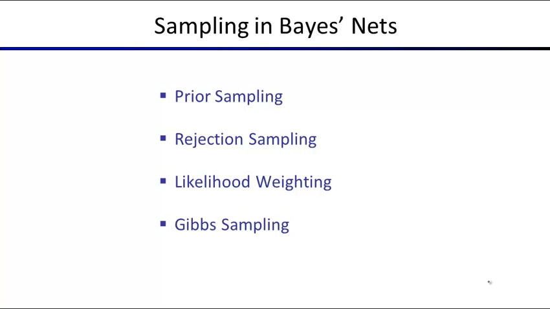Multiply the probability of those parents, multiply them all together, and multiply our samples by the product of samples.